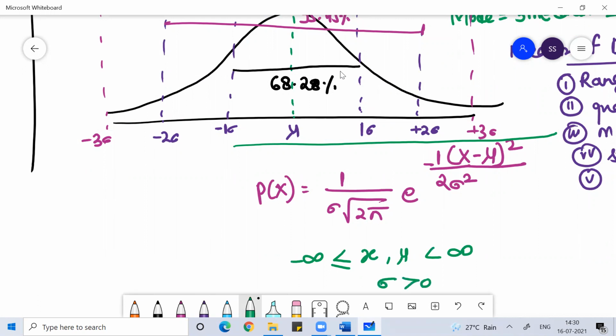This is the formula which was proposed by De Moivre to study the normal distribution curve. So remember this formula.